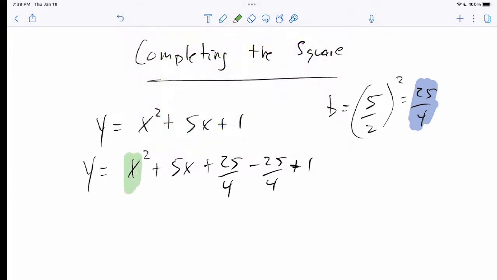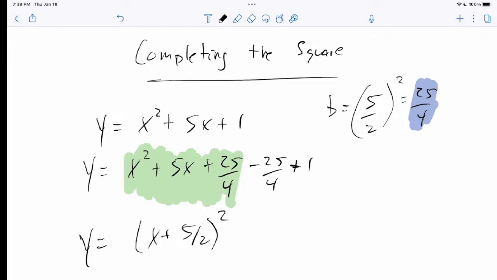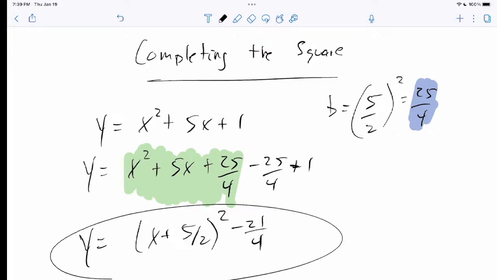As soon as you do that, the first three terms become a perfect square. I can rewrite this as an expression to the power of 2. This becomes x plus 5/2 squared, and this becomes minus 21 over 4. And now I've completed the square.